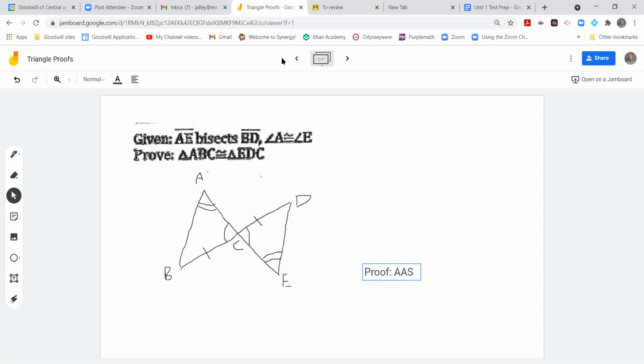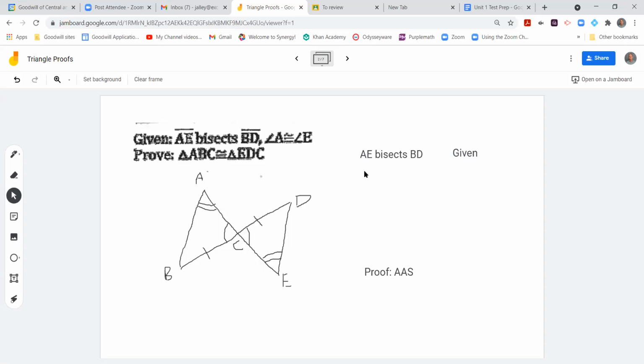And you go through the same process. We would write down the given, AE bisects BD. So that's a given.